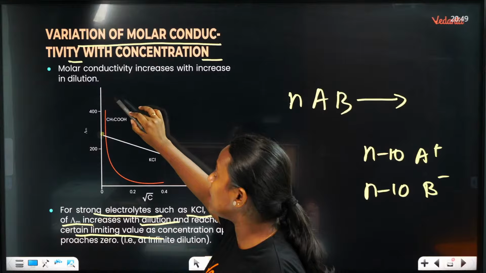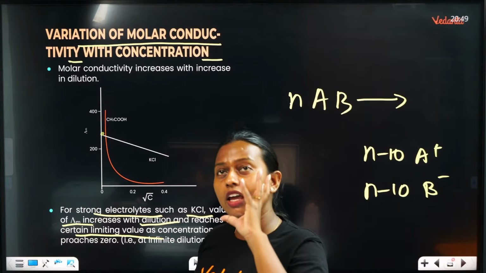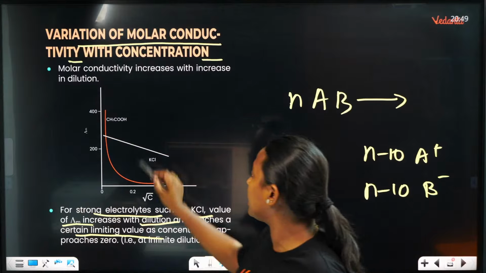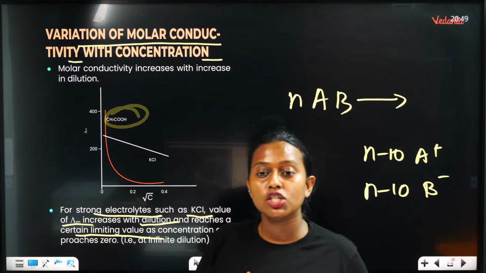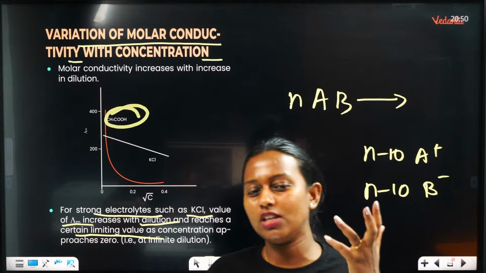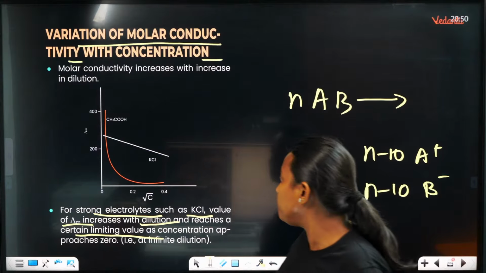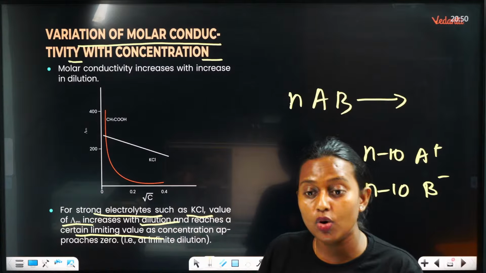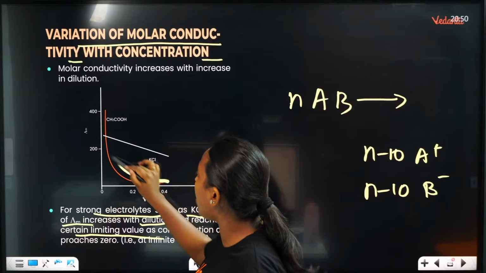When you consider a weak electrolyte like CH3COOH, acetic acid, what happens during dilution? It does not reach a limiting point.